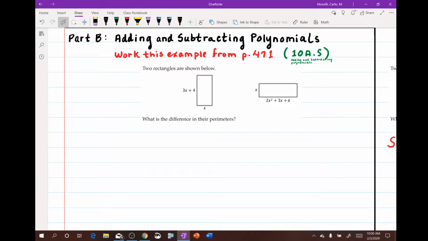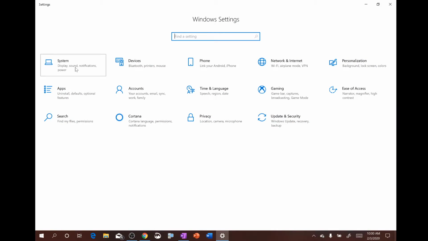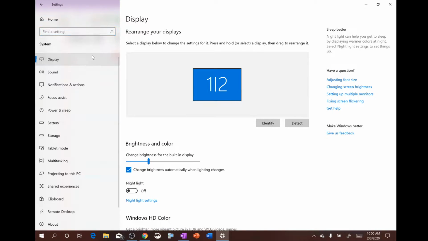Tell you what I'm going to do to head that off: I'm going to close any non-essential app and dim the brightness on my display. Okay, that should help a little bit.